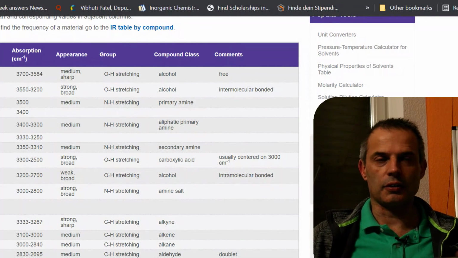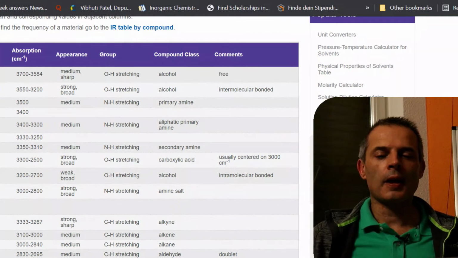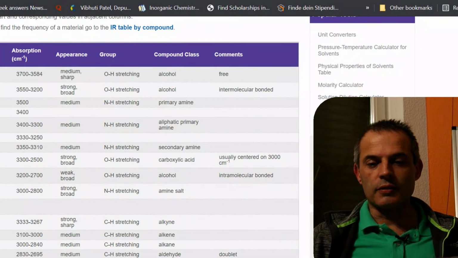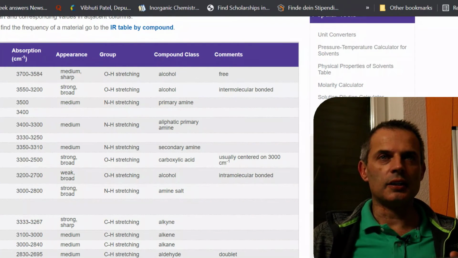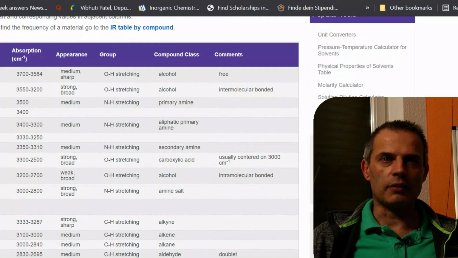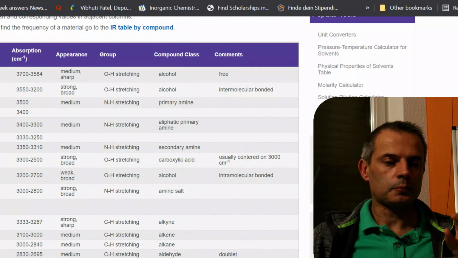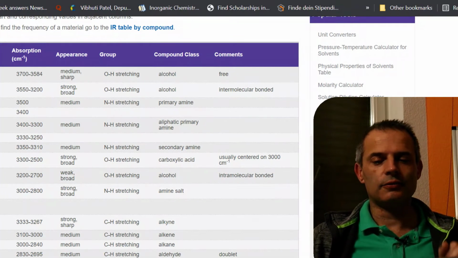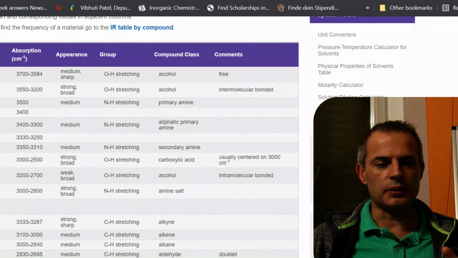They get further and further apart, or closer and closer together, depending on which way we look at it. And that is deliberate because a wave number scale is linear in energy, whereas a wavelength scale is not. So it makes the scale better for infrared, and it's the traditional way to do it.